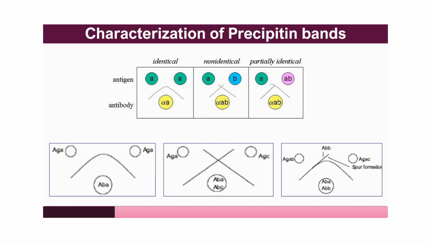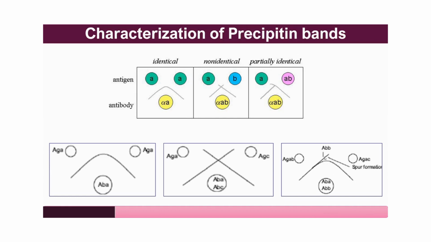Correspondingly, there is antibody in the central well with respect to these two antigens. When the reaction takes place, as far as antigen A is concerned, which is similar, you will get a line of identity like we had seen earlier on the left-hand side. That is the line of identity as far as antigen A is concerned.